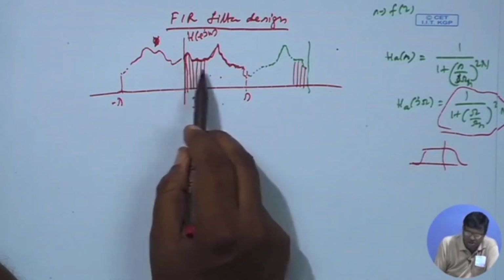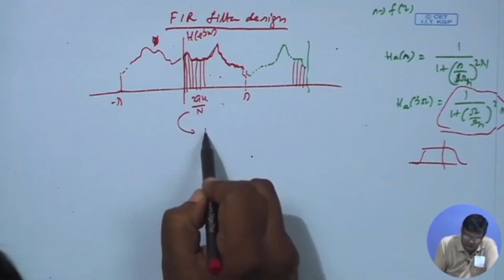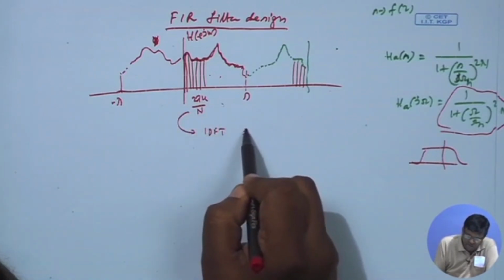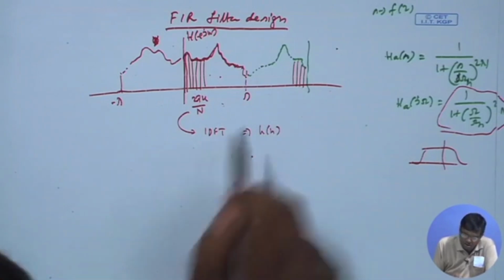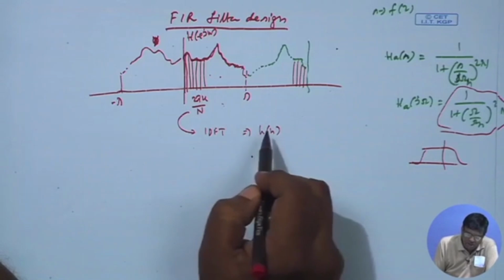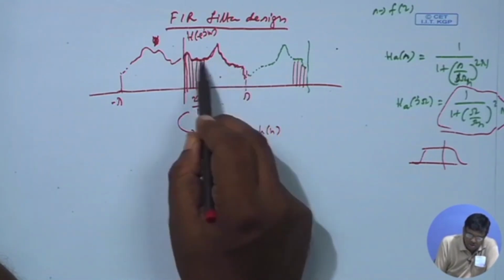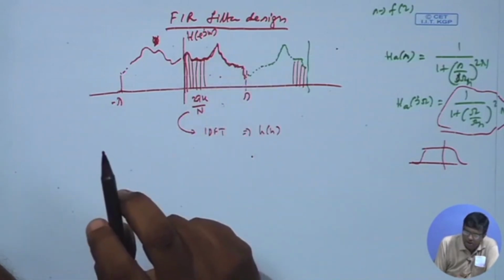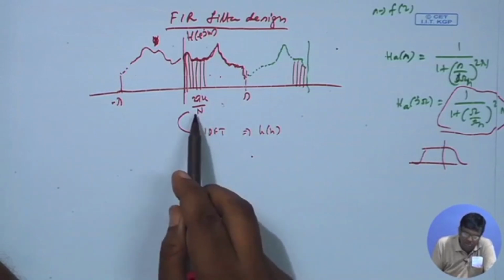So, they are almost adjacent side by side. Then, if I take the corresponding IDFT, inverse DFT, I get the FIR filter h[n]. If these samples are very close to each other, the response of this h[n] will be almost like this.